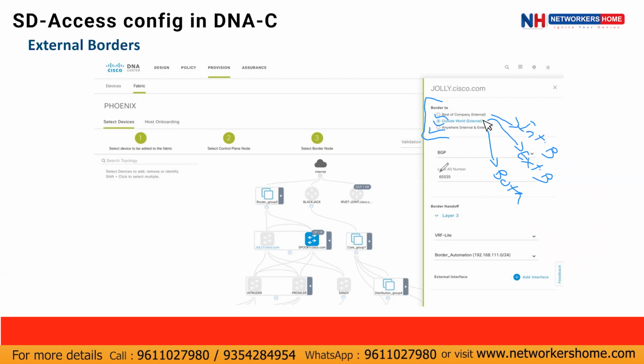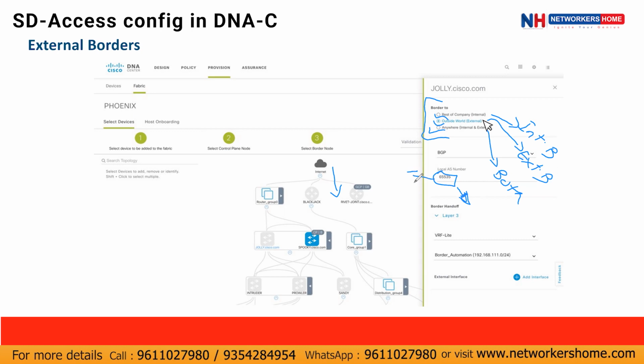And we specify the AS number for our inside network, like the fabric part, and we have to do the traditional configuration on the border where we specify the remote AS.